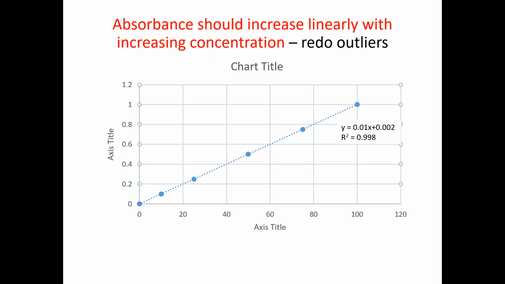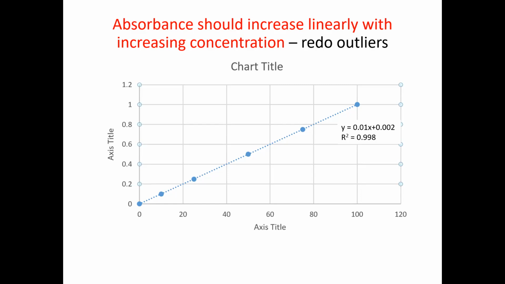Your absorbance should increase linearly with increasing concentration. If not, you need to redo any outliers. You should get a nice, straight, smooth graph like this. We have our data points that are not connected and a trend line has been added. We have our equation of y equals 0.01x plus 0.002.